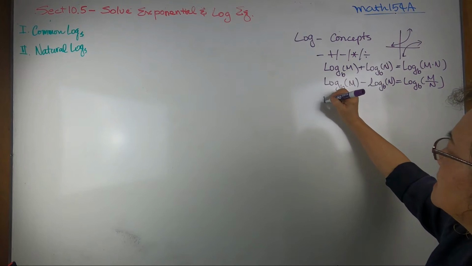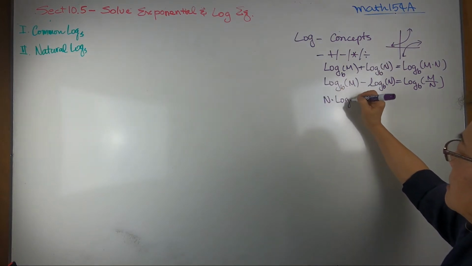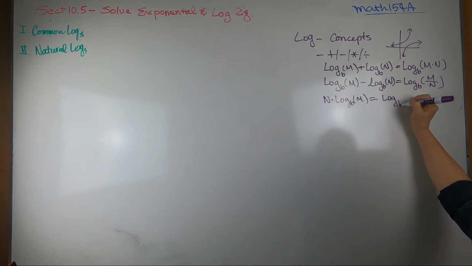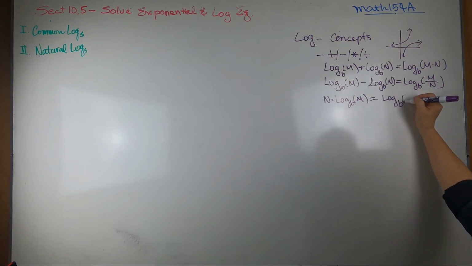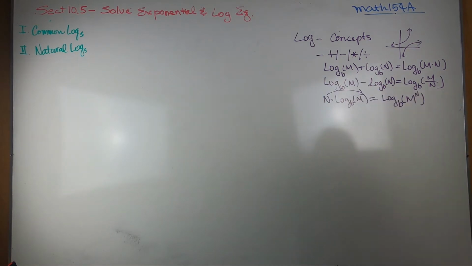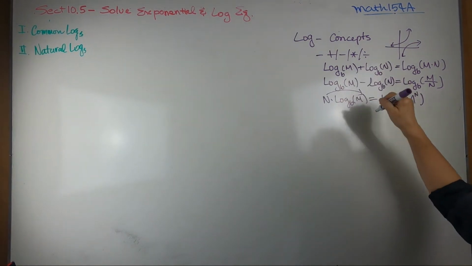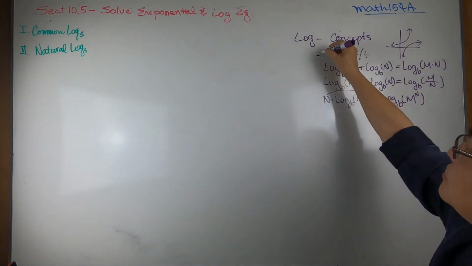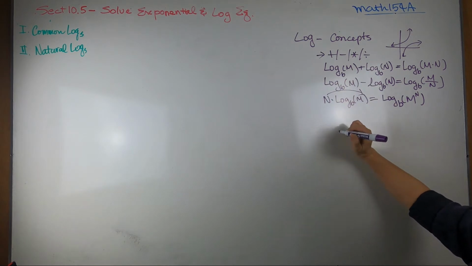Then when we multiply a log by something, to write in a single log, you move it as a power property. So those properties are basic skills: how you manipulate the operations.